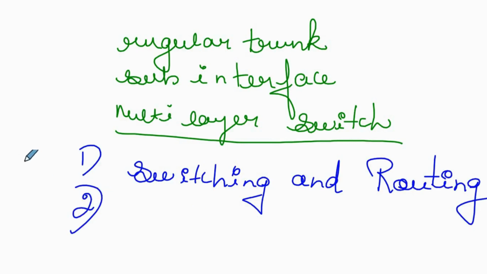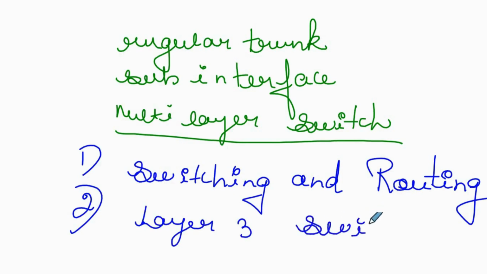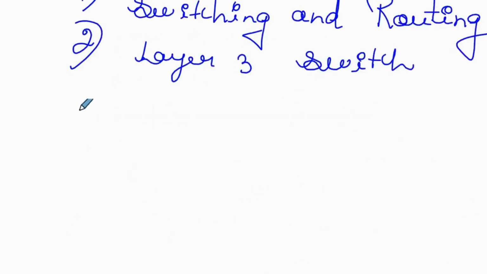It is a layer 3 switch. You can create virtual interfaces for each VLAN and assign IP addresses to those interfaces. You can configure routing on it just like a router. It can be used for inter-VLAN routing.